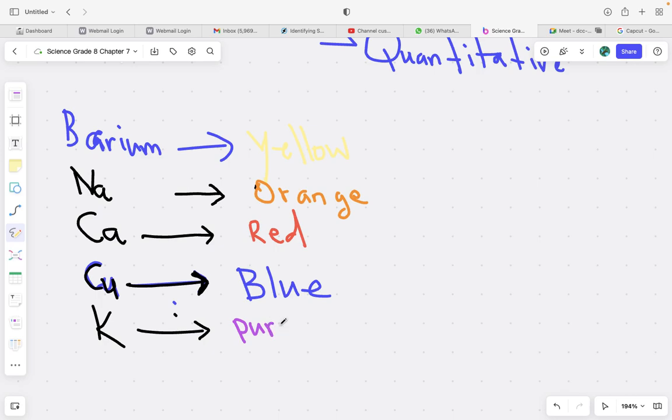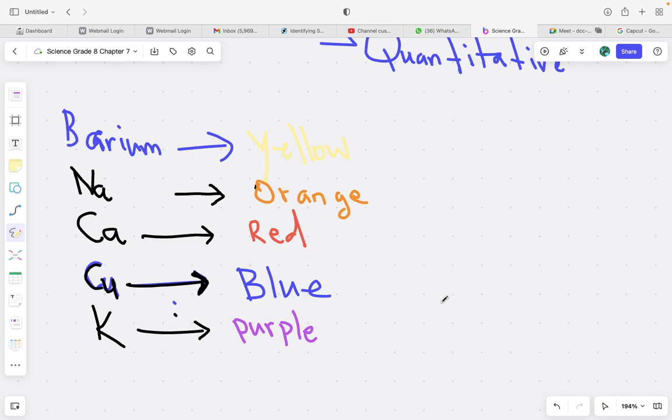I think we're still missing one metal. Can you check? We did barium, sodium, calcium, copper, and potassium. Okay, I think we've looked at the ones that are itemized here.